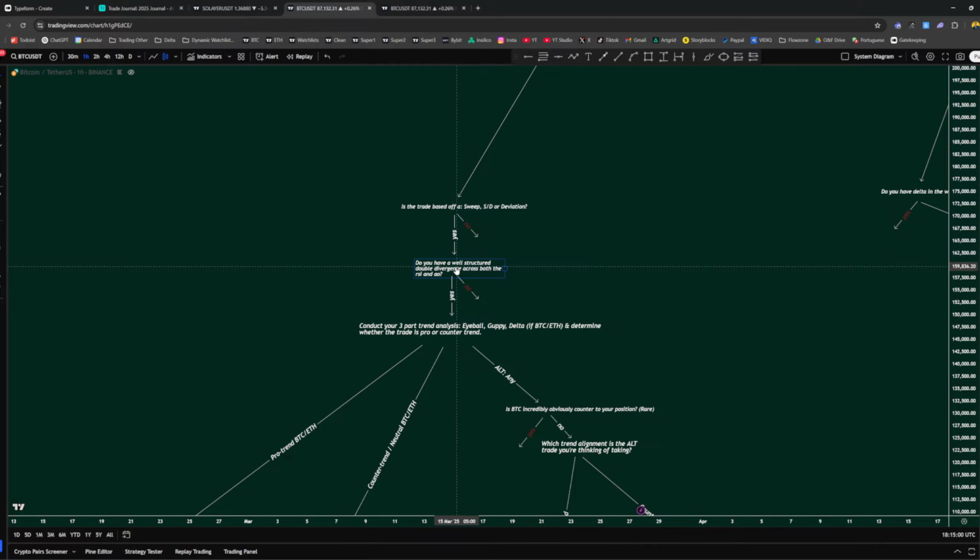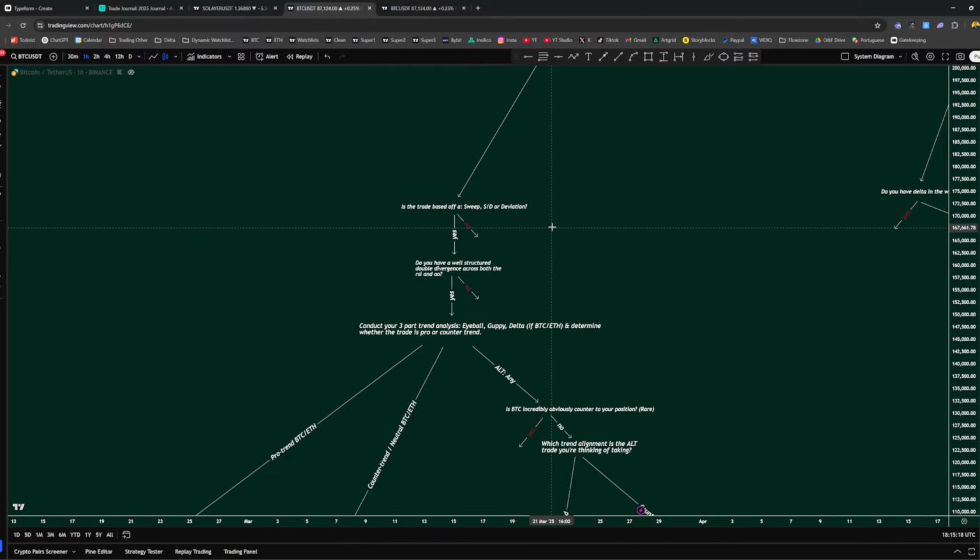Assuming I say yes, then we move on to, do you have a well-structured double divergence across both the RSI and the AO, okay? So we've got to our second gate here, and as you can see, we're already getting quite detailed.